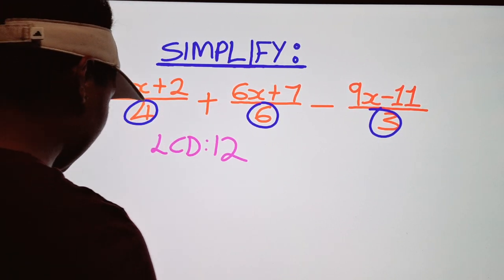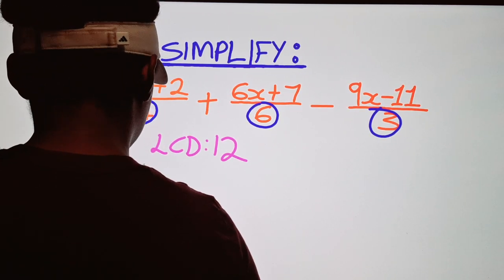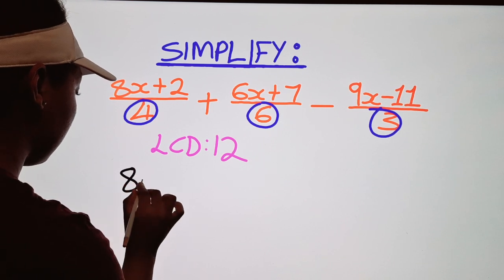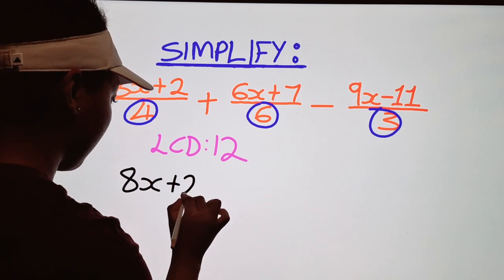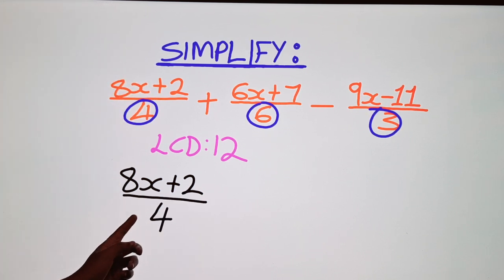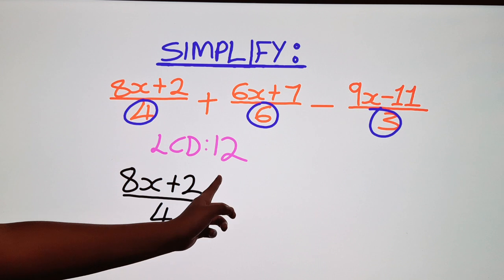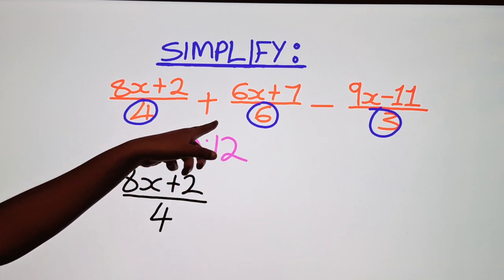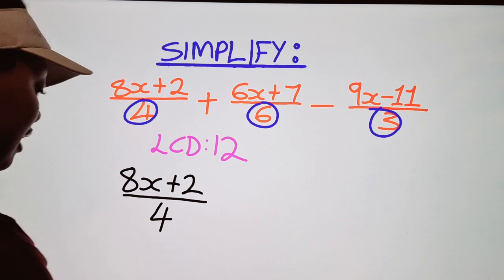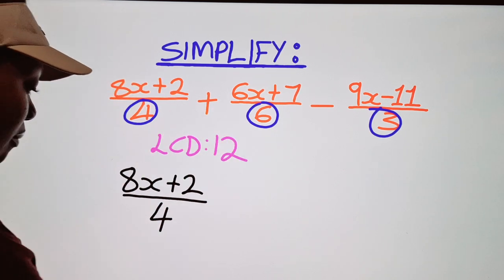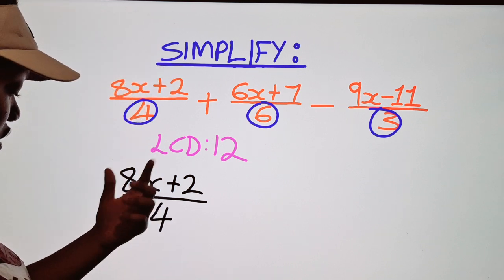Then from here, this is what we're going to do. Let's look at the first fraction here: 8x plus 2, over 4. Since our denominator is 4, we need to make our denominator the same as the LCD. That's the purpose of looking for the LCD, so that we can change the denominators to be the same as the LCD. So we need to change 4 to become 12, by multiplying it by a number that will give us 12.